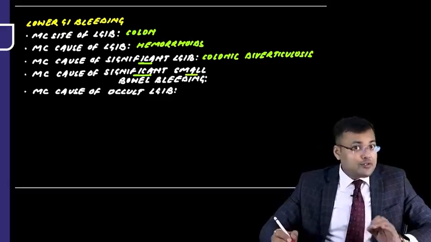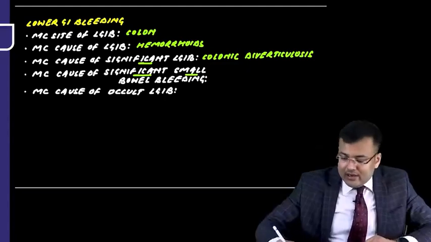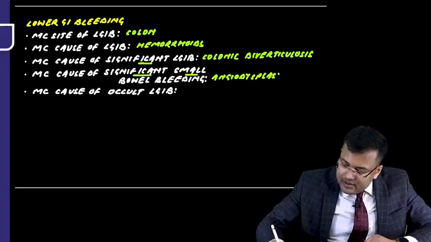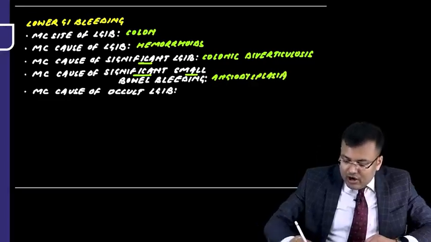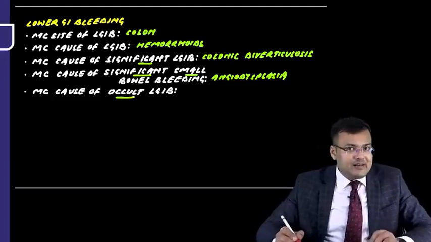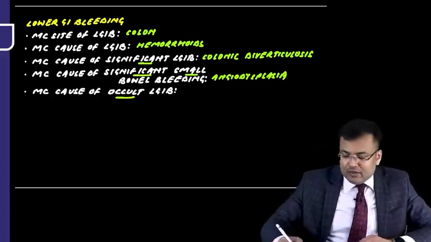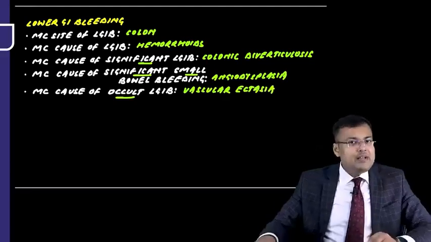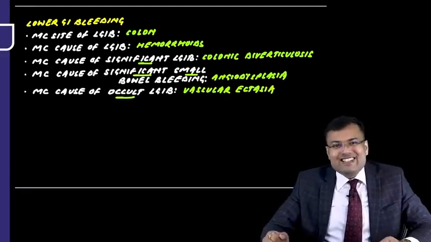It is angiodysplasia. Clear? And the most common cause of occult, meaning hidden, lower GI bleeding is vascular ectasia. So these are the important points related to lower GI bleeding, and this is all about the large intestine.